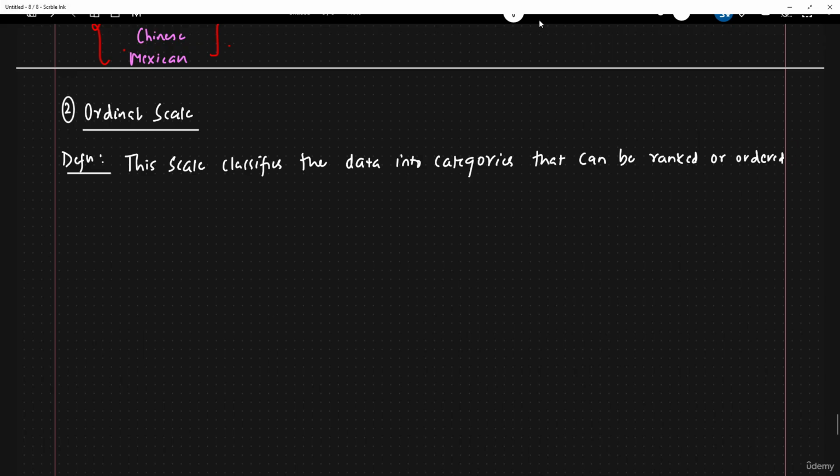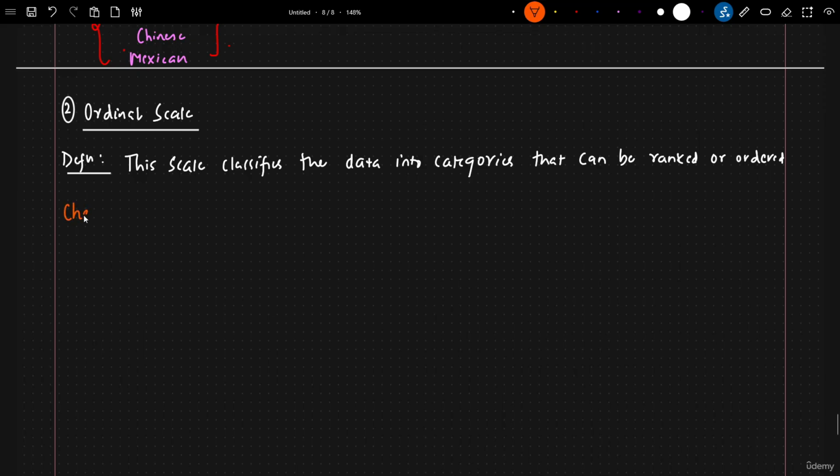Okay. So let's talk about the characteristics. See guys, I'm trying to explain in such a way that you know the definition, you know the characteristics, and then you probably understand the examples. Later on, a lot of practical applications or implementation will also be done. So one of the important characteristics is that data is categorized.